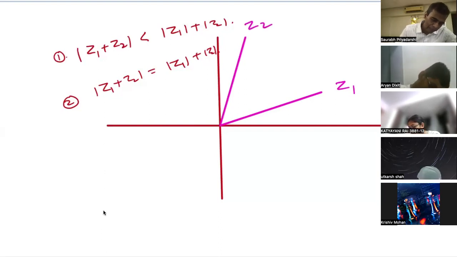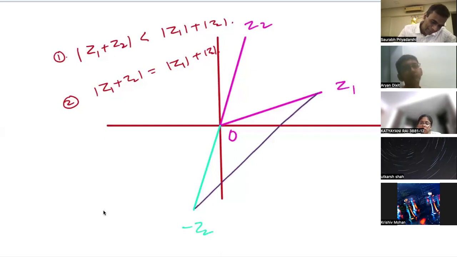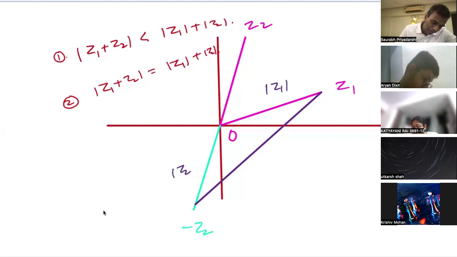We know that if this is Z2 and this is the origin, then 100% I can draw one line, the reflection about the origin, and then a triangle forms easily. So this is minus Z. Now this is the triangle, with sides mod Z1, mod Z2, and mod of Z1 plus Z2.